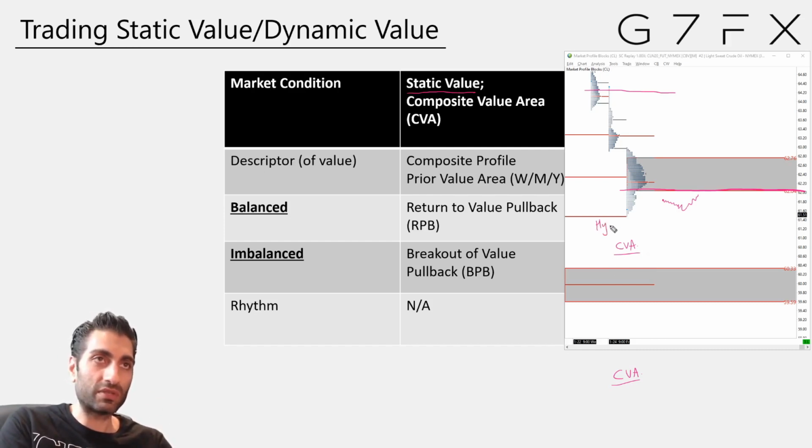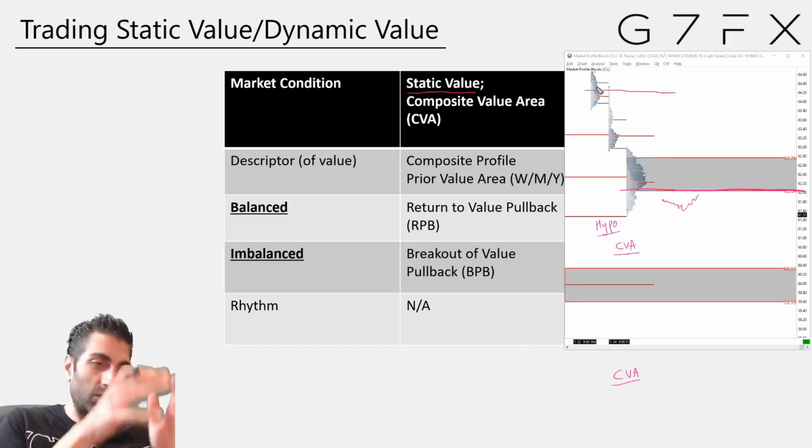So, hypothesis for the day, composite value area, imbalanced. The expectation is what? Imbalanced. But then when I go to, let's say my day was imbalanced as well, I'd have to write imbalanced here, and if I'm on the same chart weekly, this will become apparent when we do the VWAPs on the weekly, monthly, yearly.